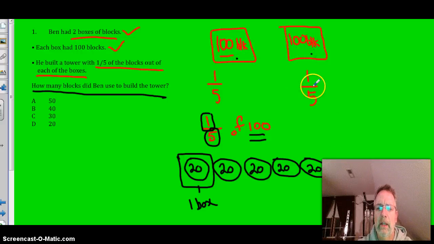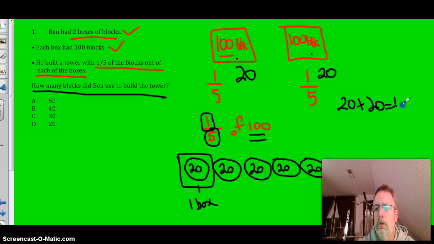For this box, it's the same fractional amount, so that would be 20 out of this box also. So together, 20 plus 20 equals 40. So he used 40 blocks to build his tower.